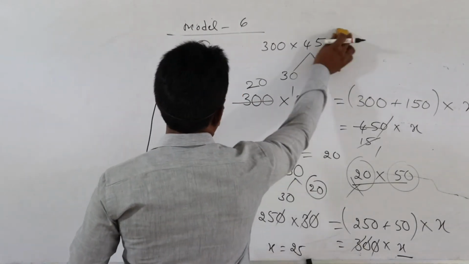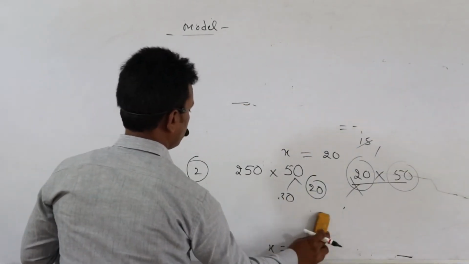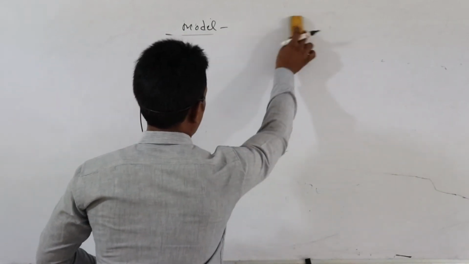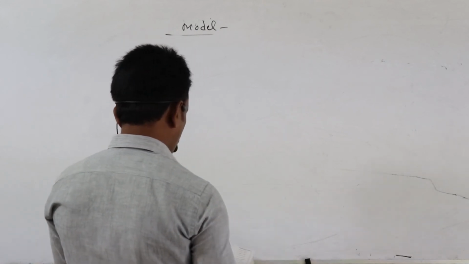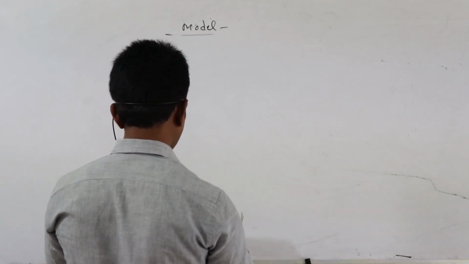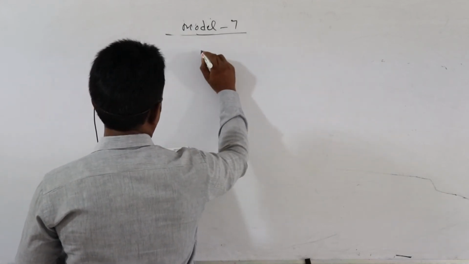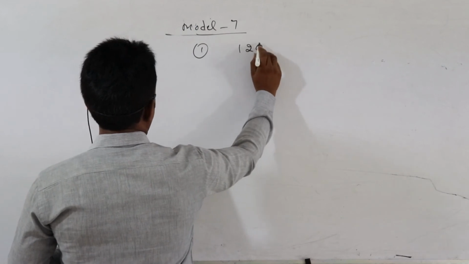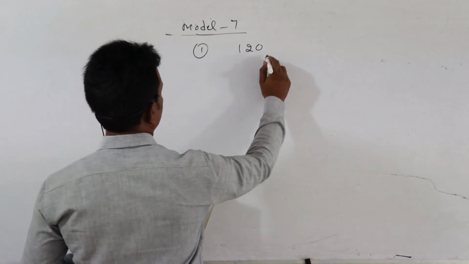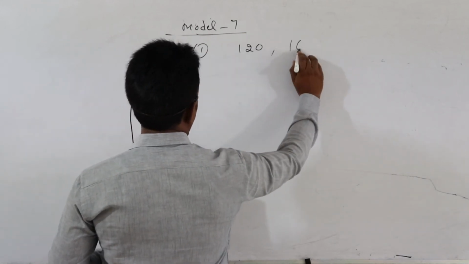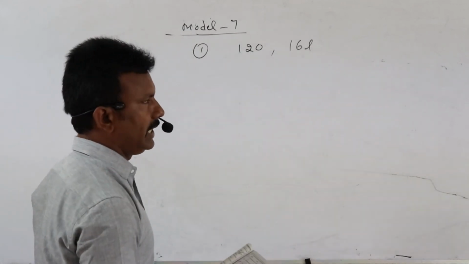Right. Model 6 is done. Next, we are following model 7. In model 7, the example: 120 turns of a bucket of 16 liters are required to fill a tank.